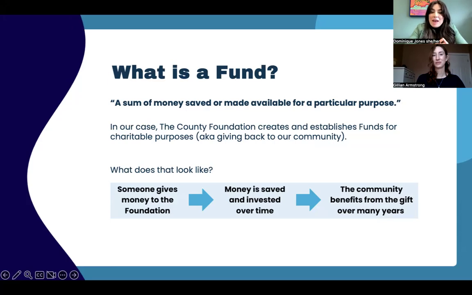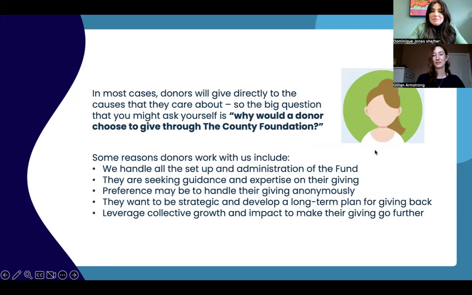And that money is then saved and invested over time in a vehicle that's called a fund. And then that fund distributes money through grants, and that fund provides benefit from that gift for many years. So it's something where instead of just trickling in and trickling out in one go, it creates greater impact because it can last a number of years and a number of applicants can benefit from it.